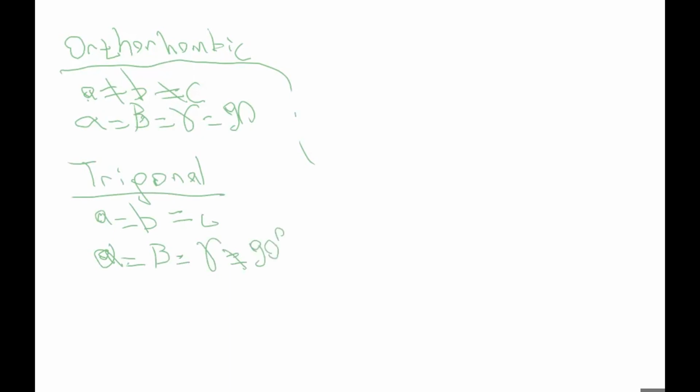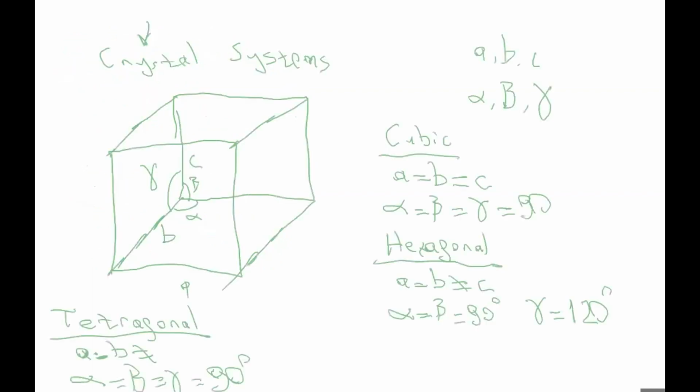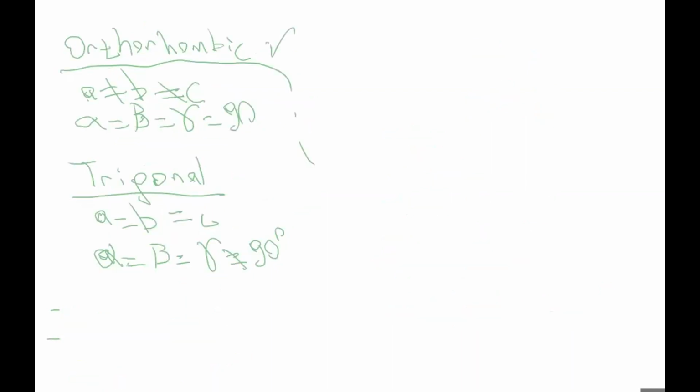This is an interesting crystal structure. What else do we have? Let me check what we wrote: cubic, hexagonal, tetragonal, orthorhombic, trigonal. Of course, we have monoclinic.